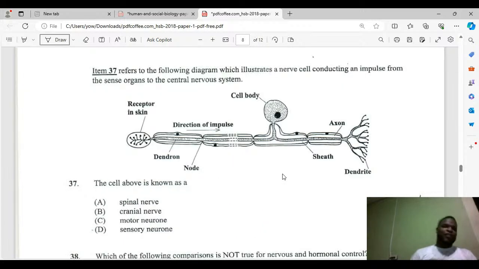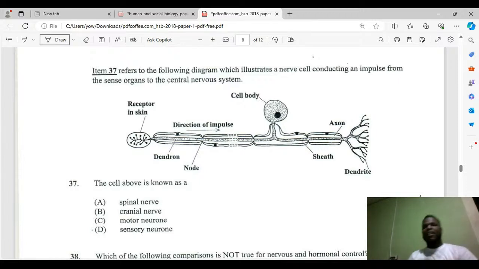37 refers to the following diagram, which illustrates a nerve cell conducting an impulse from a sense organ to the central nervous system. The cell above is known as what type of cell? I'm seeing D for sensory.